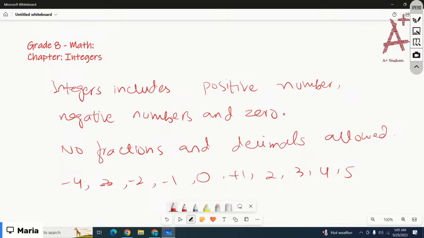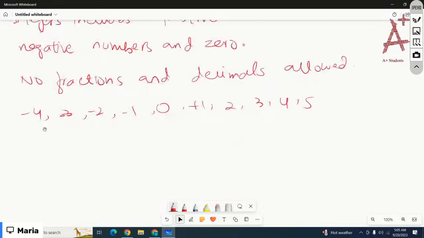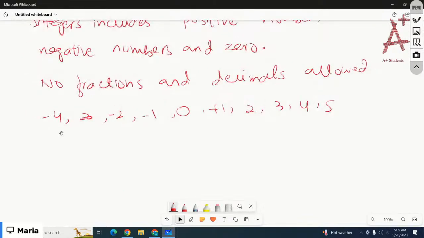Why do we use positive and negative numbers? Sometimes we have scenarios that can be represented by either positive or negative numbers. Whenever you have to represent an increase or profit, they are always represented by positive numbers.